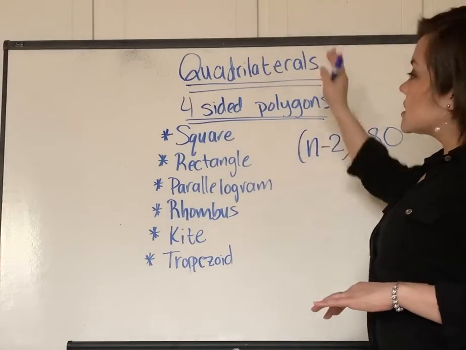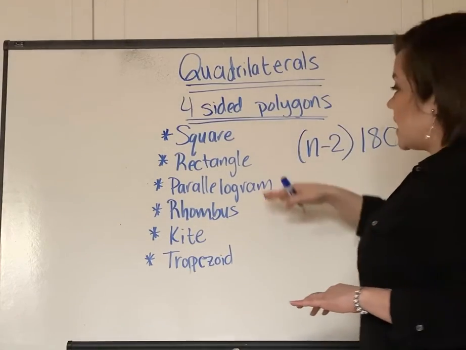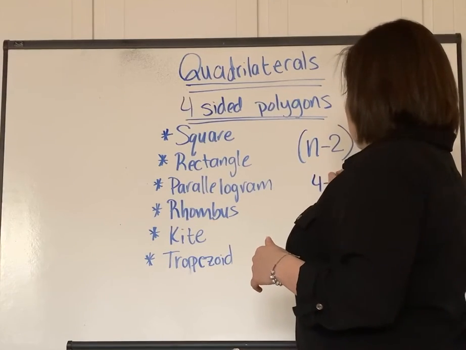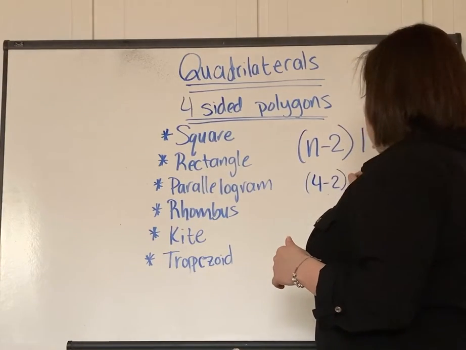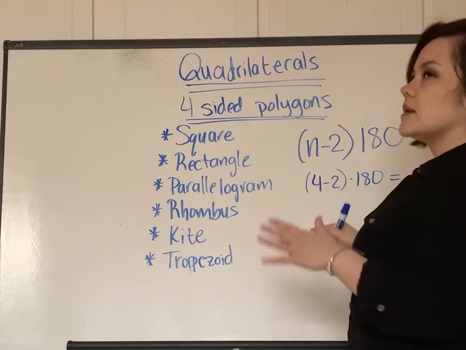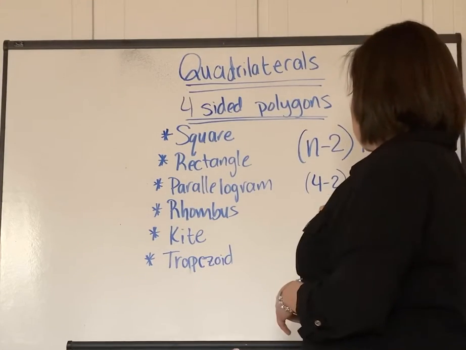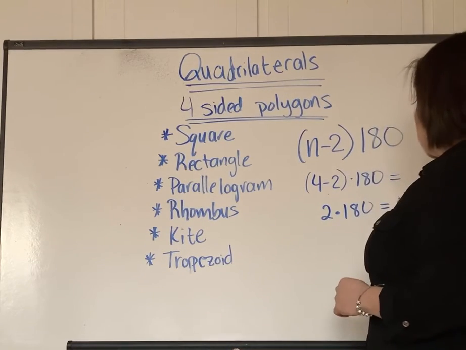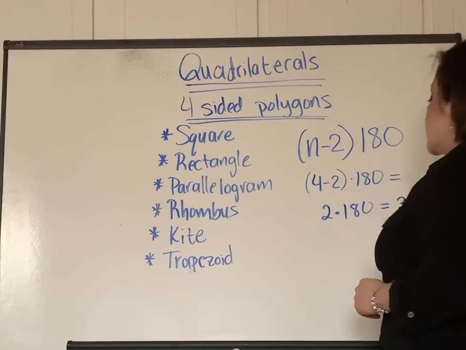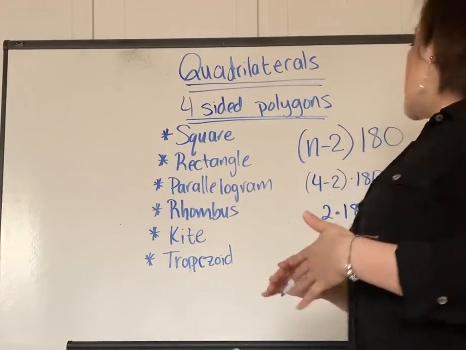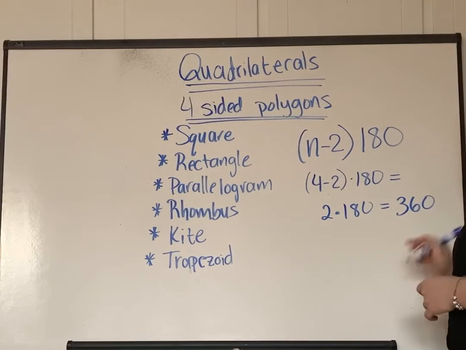So because all of these have four sides, n is 4. So 4 minus 2 times 180. Let me simplify it a little bit more. 2 times 180, I'll do my dot here for multiplication, and that is 360. So all of these will have an interior angle sum of 360 degrees, okay?